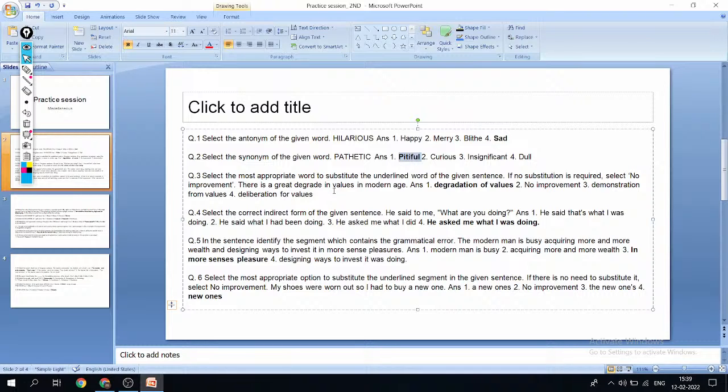I've been also explaining why the other options are not the answer, because knowing the answer is not your goal. Knowing how to solve the questions is your goal.